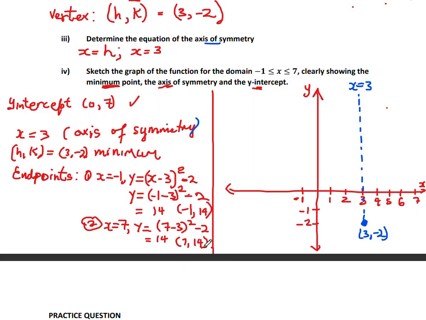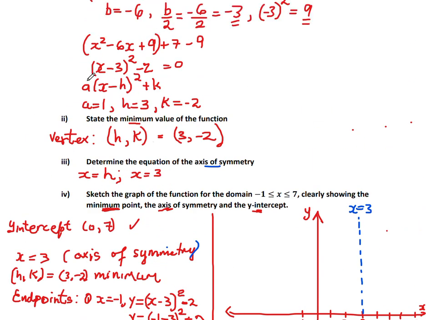So what we did here is use the values of the endpoints, which are an x value of -1 and an x value of 7, because those are the outer limits of the domain. We substituted those into the quadratic equation in its vertex form to find the corresponding value of y.